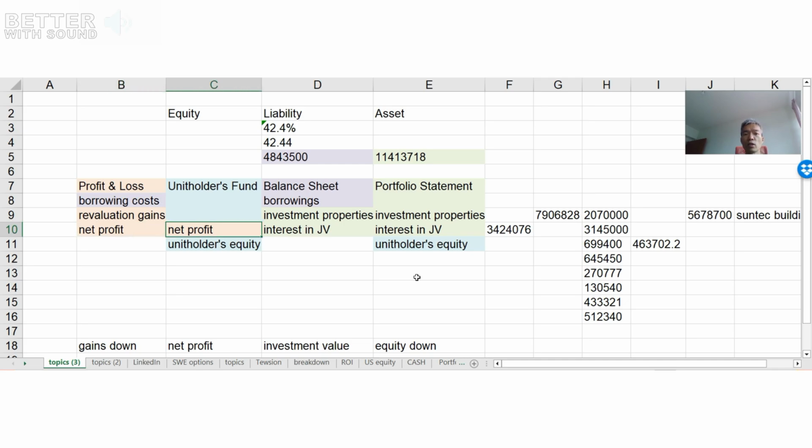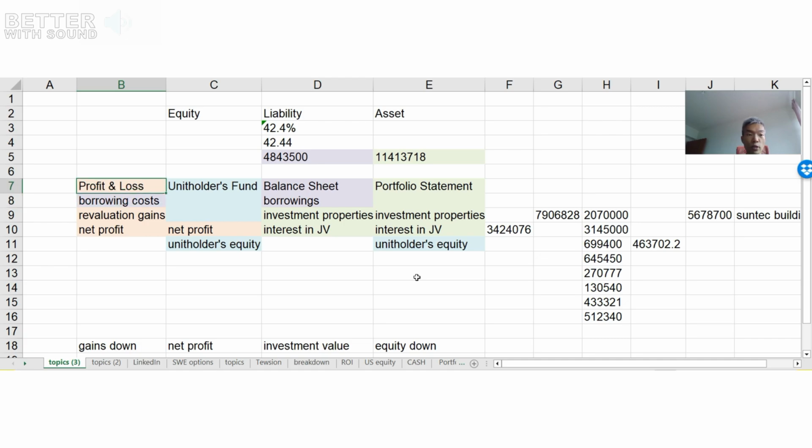From net profit, we discovered it's linked to the unitholders' equity. Then the unitholders' equity is linked to the carrying value of the individual assets, and somehow this carrying value also impacts the number of borrowings, which then subsequently determines the amount of borrowing costs that a REIT will have to incur.